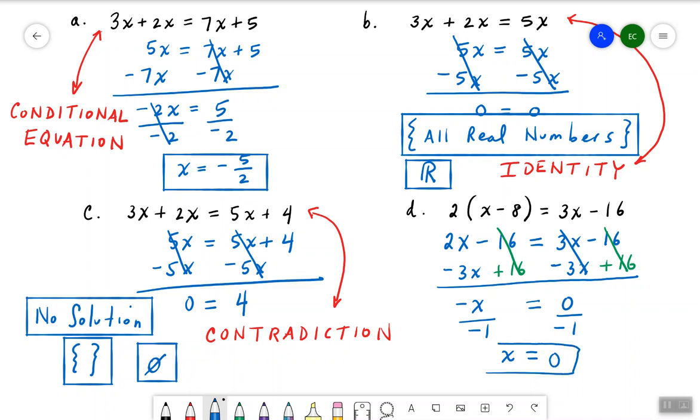So the solution is x equals 0. And what kind of equation is that? I bet you said it's a conditional equation. Since it has exactly one solution, it's a conditional equation.